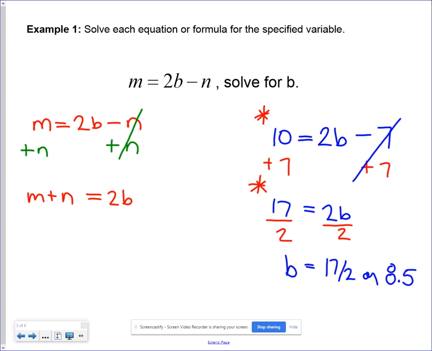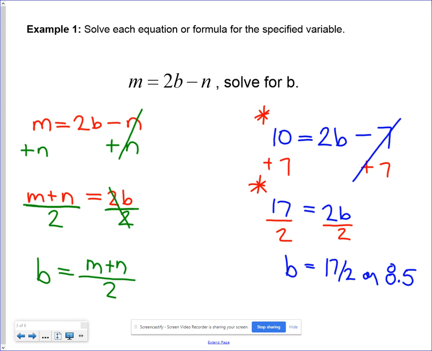So over here, we're going to divide both sides by 2. I'm going to divide this whole right side by 2, and then I'm going to divide the whole left side by 2. So I'm dividing both the M and the N by 2. Okay, the 2's over here cancel out. So here's our answer. B is equal to M plus N, that whole thing divided by 2.